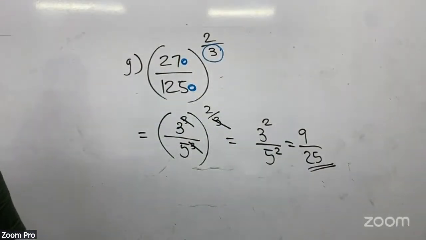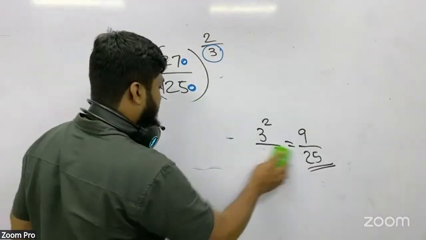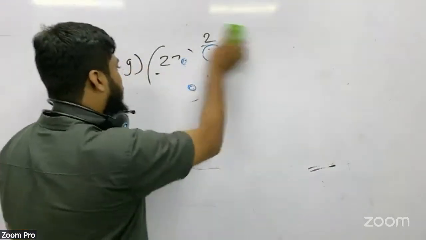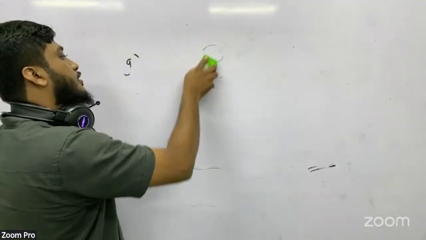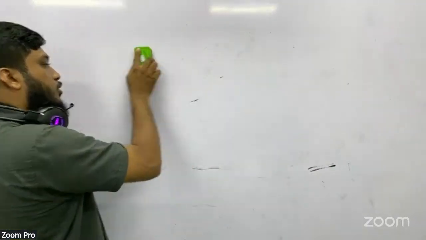What would you like me to give, like a direct book or tutes like this? One book or tutes like this? Which one is easy for you?